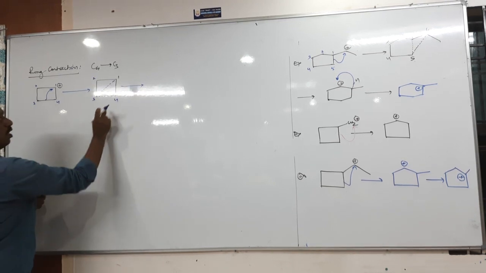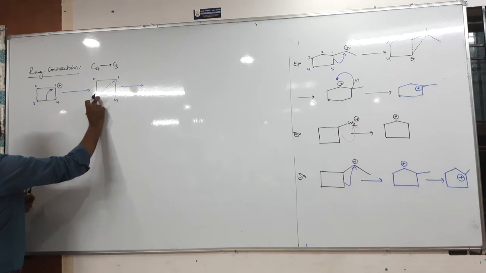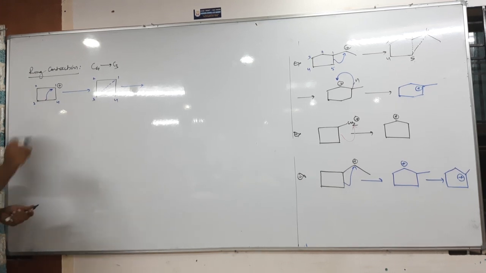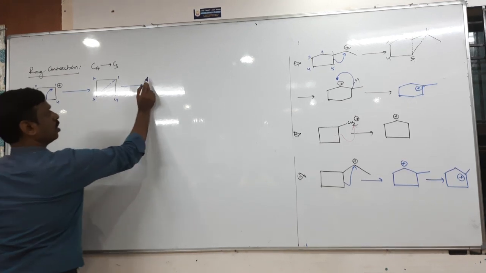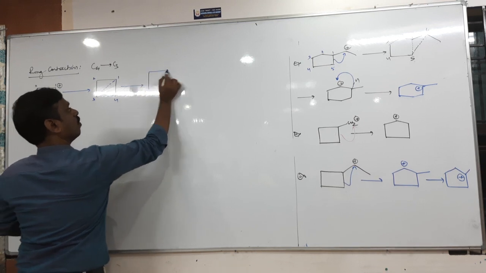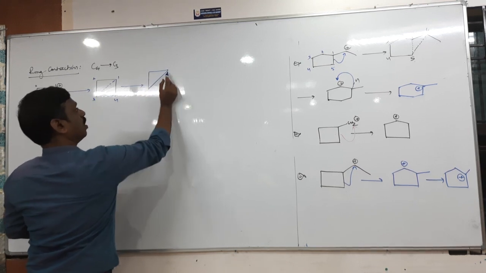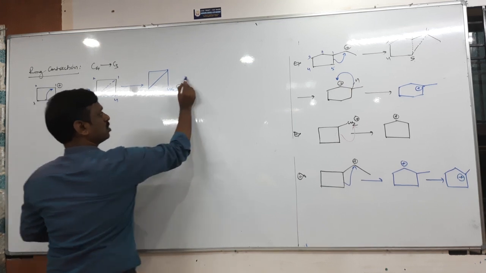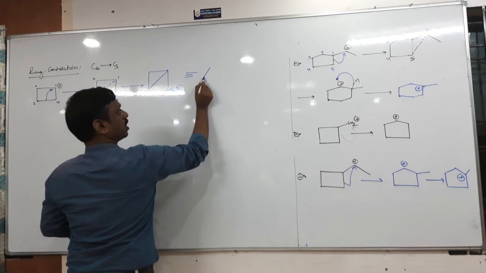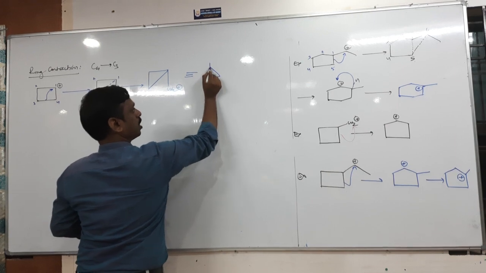Then finally, this 3,4 bond is completely broken. It means where does the positive charge come? On the 4th carbon, right? Here, that's it. This bond will be formed and here is CH2. This is nothing but a cyclopropylmethyl cation, right?